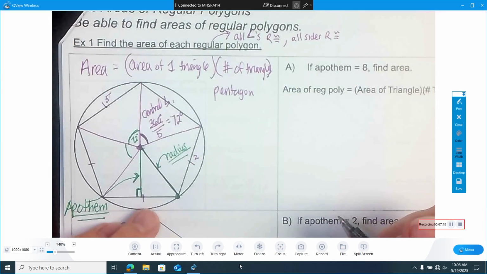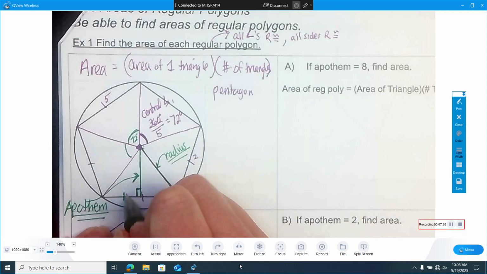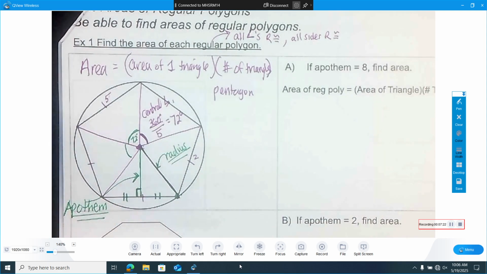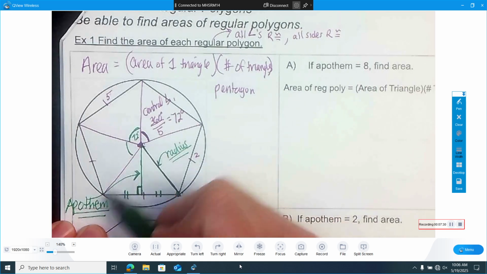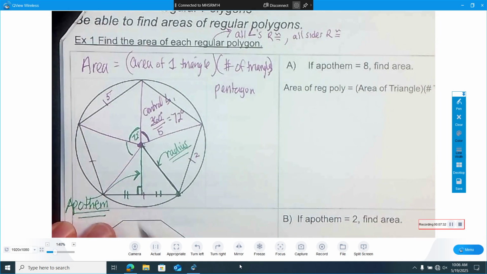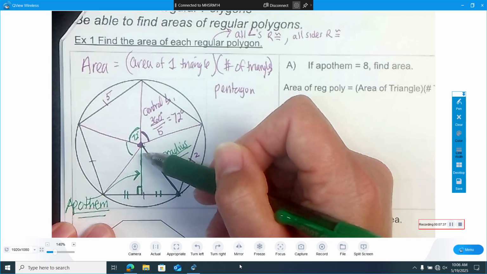Now, I know that this altitude just split my little base there into two congruent pieces. And in order for me to find the area of this triangle, I'm going to need the length of the base and the height of the triangle, all right?